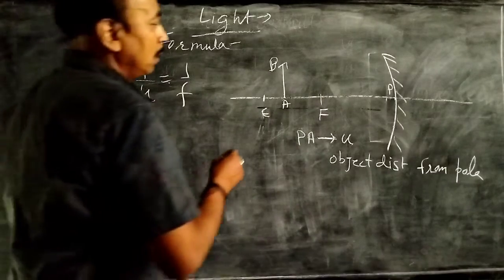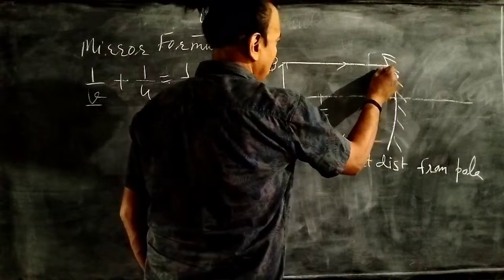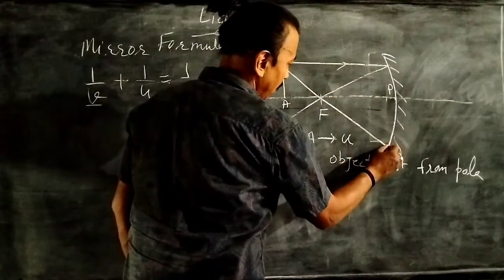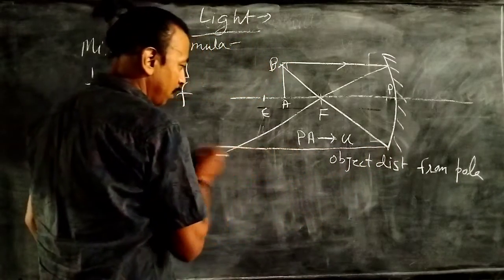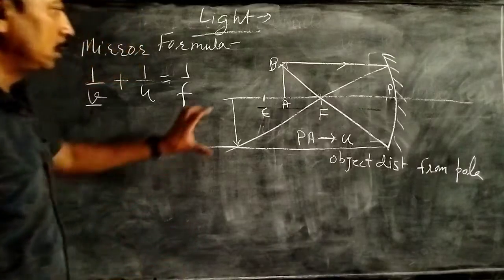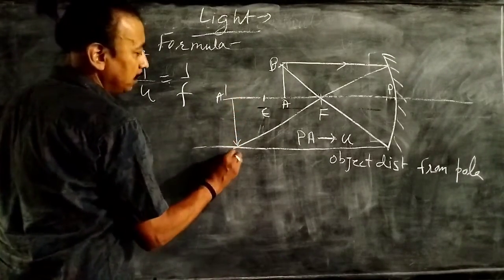And V, now we draw the ray diagram. This is the image, position of image. So this is point A dash, B dash.